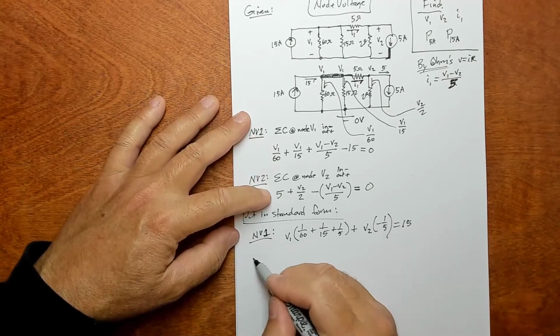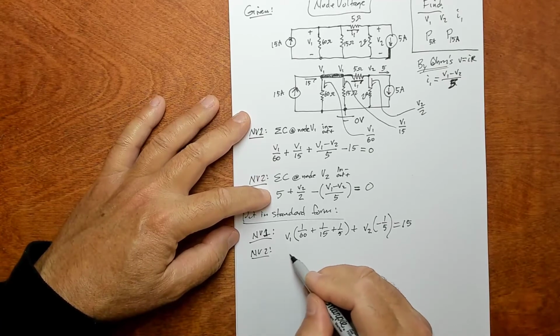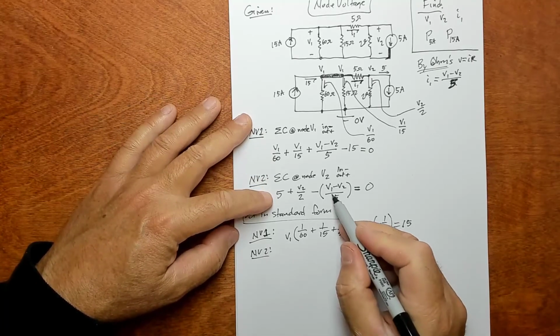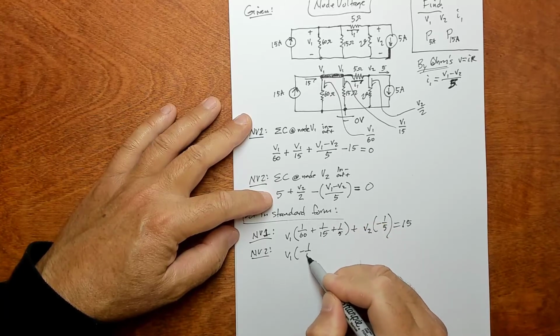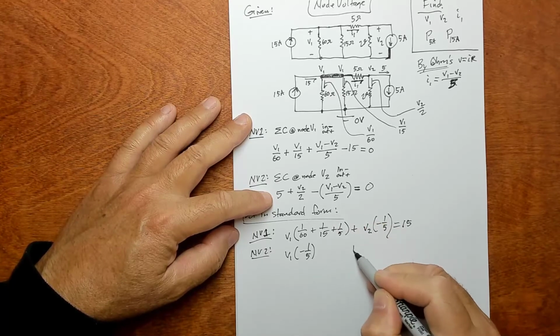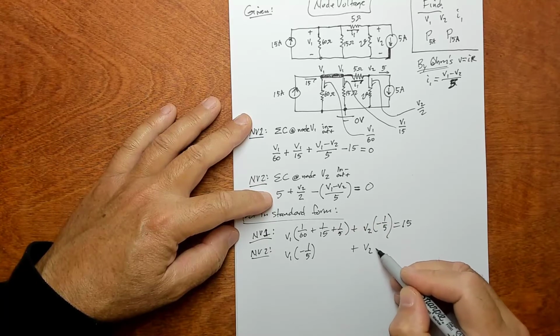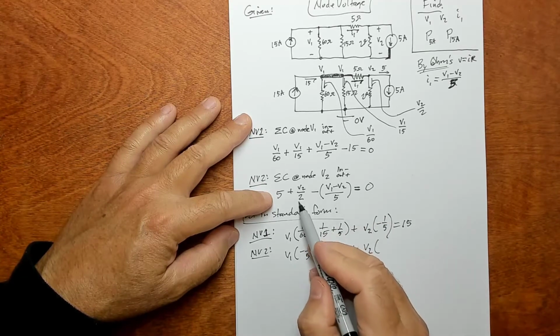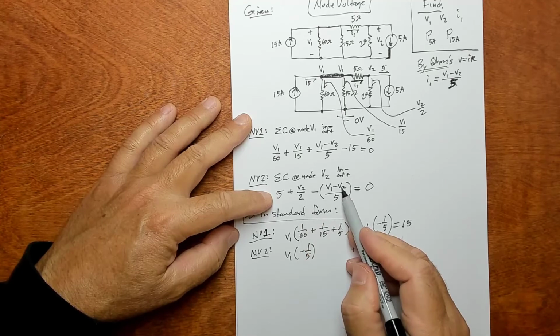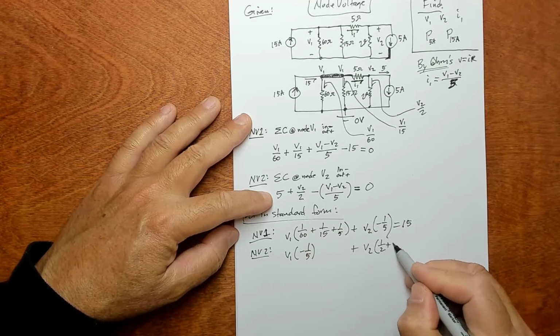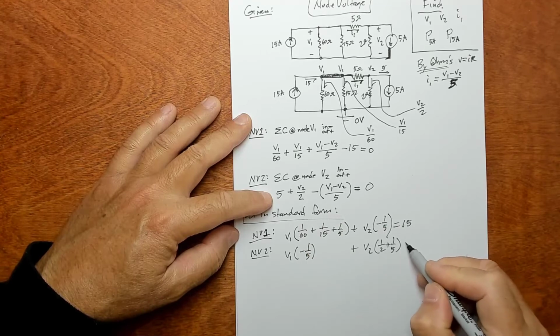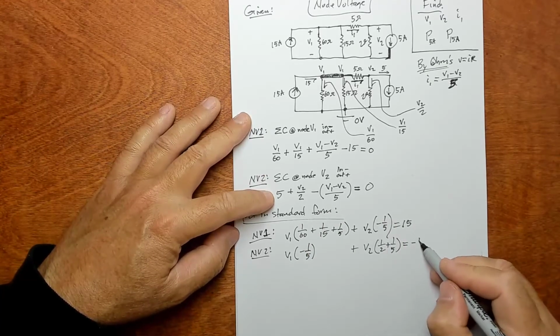In the second equation, factor out the V1s: you get minus 1/5, plus V2 times 1/2 plus 1/5. This becomes positive, and moving the 5 to the other side, you get minus 5.